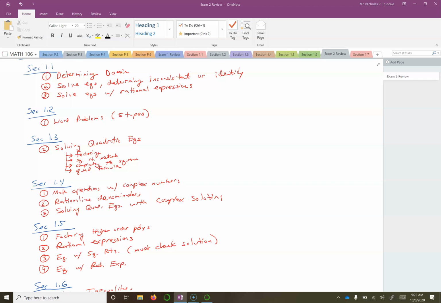Yes? Is there a page in the book that gives problems for each section, almost like a chapter review? There is. So I'll just give you an example. Do you have a specific section in mind? Section 1.6. Okay. If you go within the actual chapter, prior to the problem set, the first thing in that section is just solving inequalities.